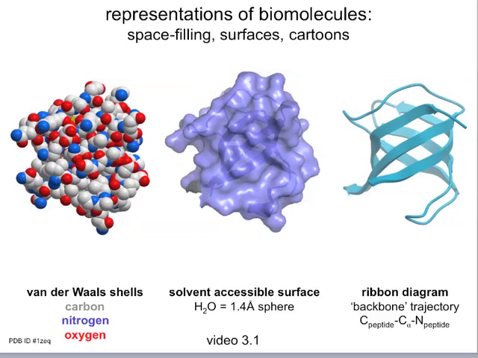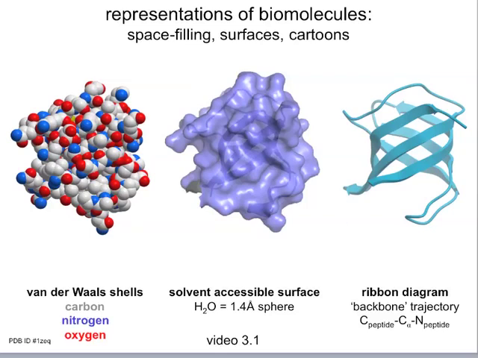So this is a great simplification that allows us to visualize rapidly what both the secondary structural content of the protein is, as well as what the global fold of the molecule is. And we've talked about this before as a backbone trajectory. Peptide, alpha carbon, peptide: the trajectory overall that those atoms take through the backbone is how we decide to draw the direction of this chain.